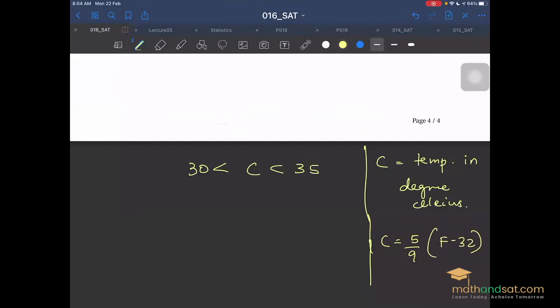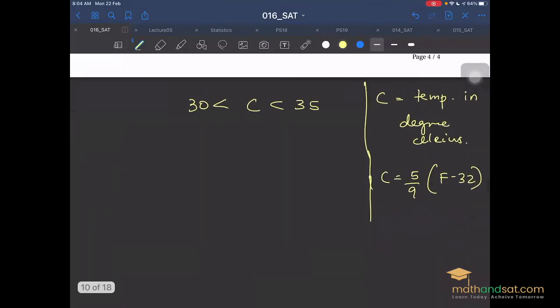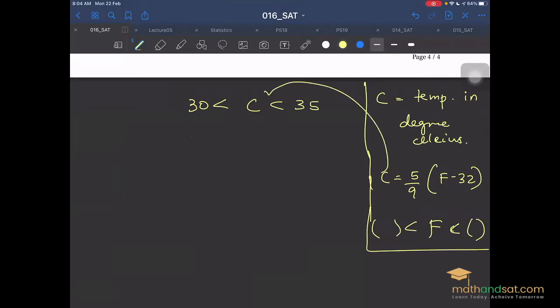So I need to get the F value between some number and some number. That is what I'm looking at. So you just simply plug in this expression. You have 5/9 times (F minus 32) between 30 and 35.